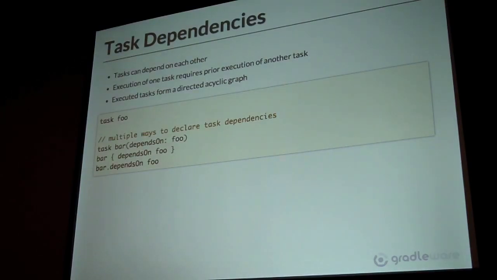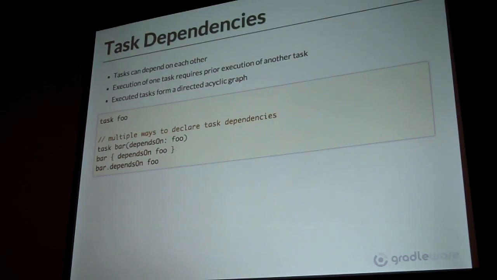One example is in the Java project, you have a compileJava task that compiles the code, and you have a jar task that jars it up. And obviously the jar task needs the class files to jar them up. So you have a dependency, jar depends on compileJava. And that means whenever you run jar, it will first run compileJava, create the class files, and then jar will package them up.